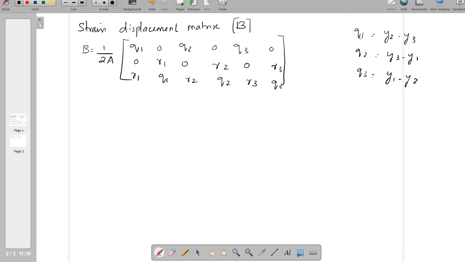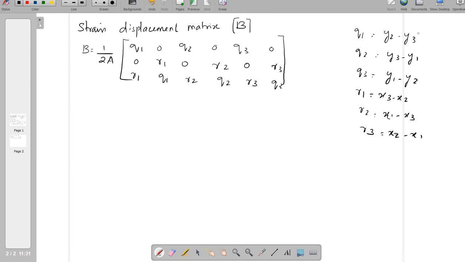Next, R1 is equal to x3 minus x2, R2 is equal to x1 minus x3, R3 is equal to x2 minus x1. These are the coordinates used to calculate R1, R2, R3 and Q1, Q2, Q3.